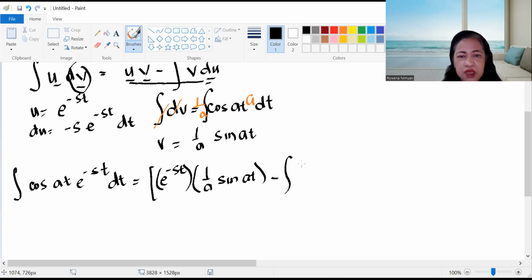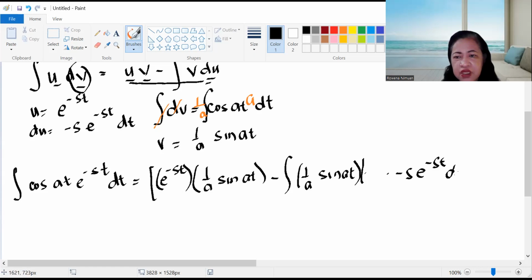So that will be 1 over a sine of at, then I have du as negative s e to the negative st dt.